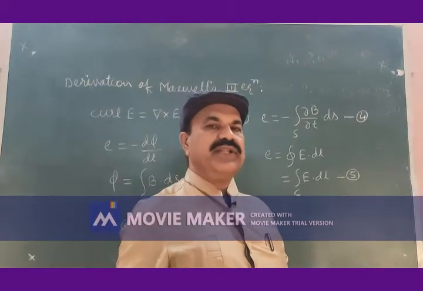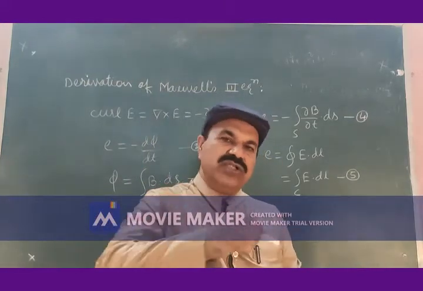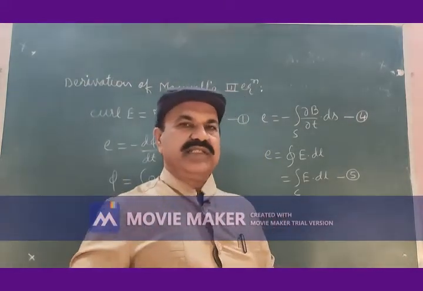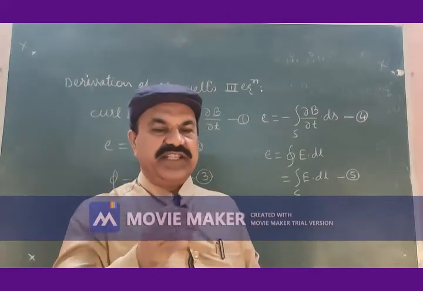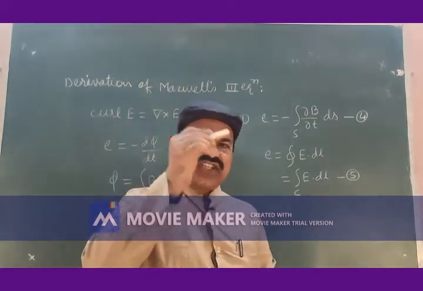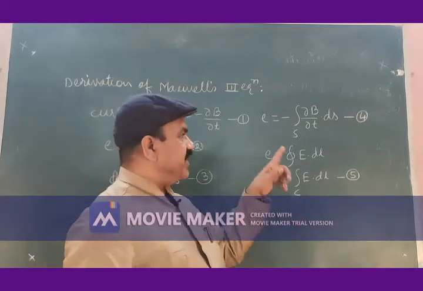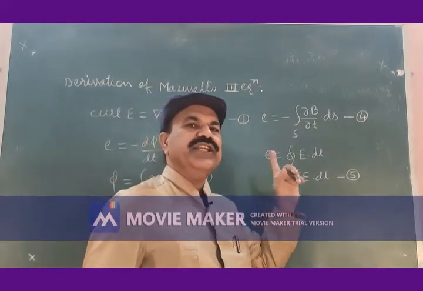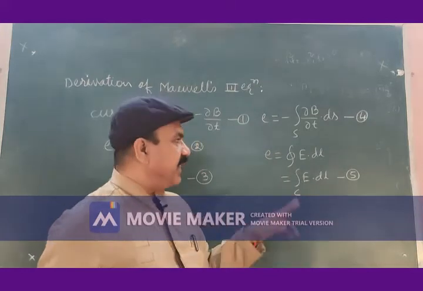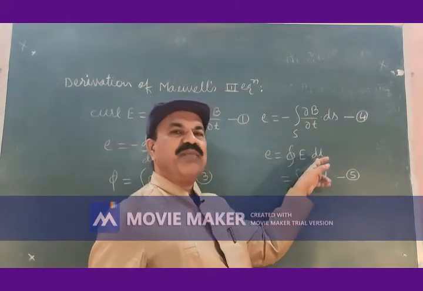If we circulate a charge around a closed path, some work is done in circulating this charge. That work done is taken as the induced EMF E, and so the work done is found by using this equation.